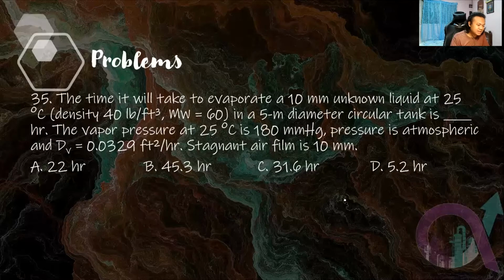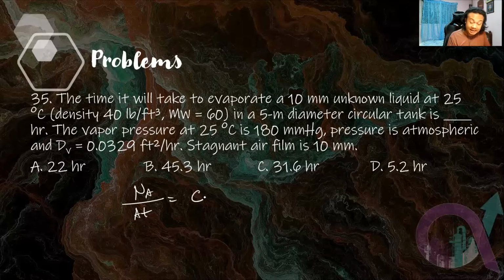Number 35. So number 35 is just really straightforward, guys. You know this now. Okay. So use this equation, Na over A, and then you have C dV over Z, ln of y a2 over y a1.